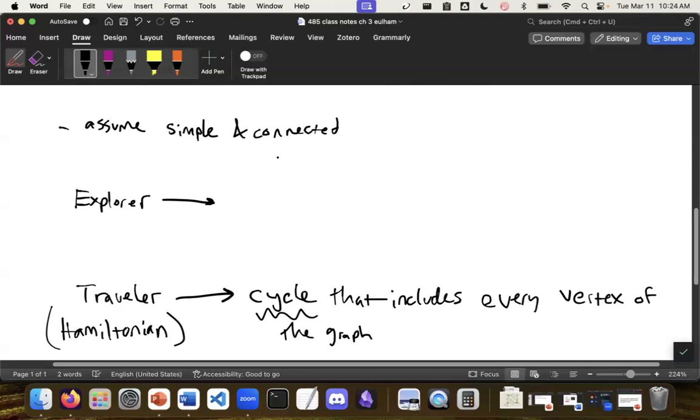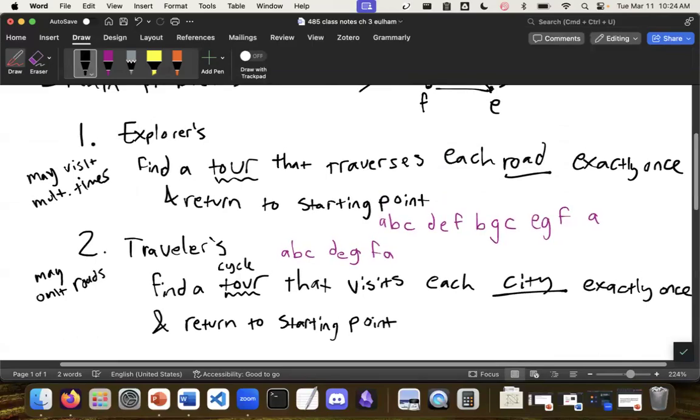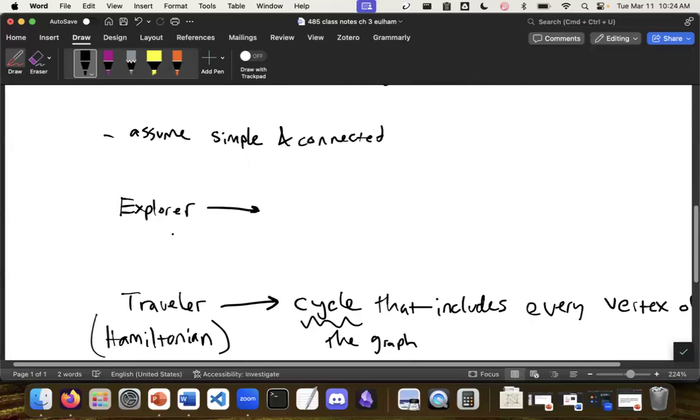Any ideas for explorer? What word can we be more specific about for tour? Yeah, so that's what we're doing, but I'm trying to find out what word we can apply for tour. You are right, in fact. This is the word we're going to apply to explorer. So what sort of terms do we know?